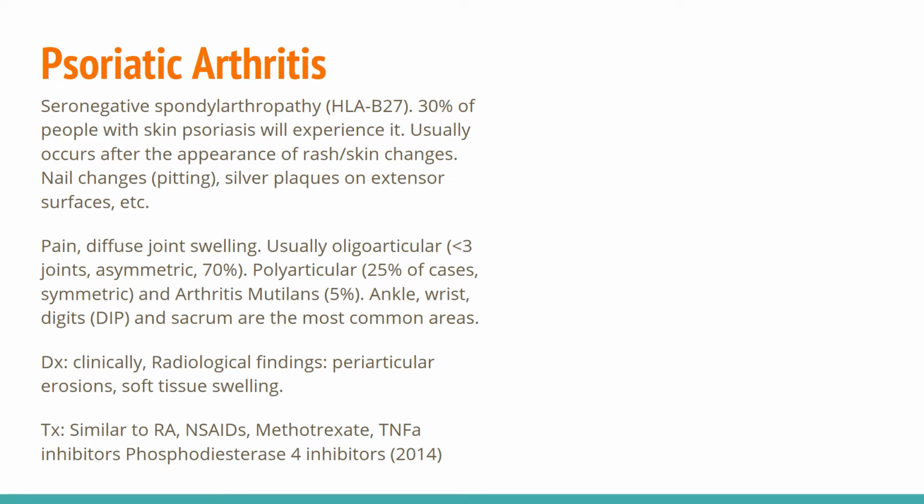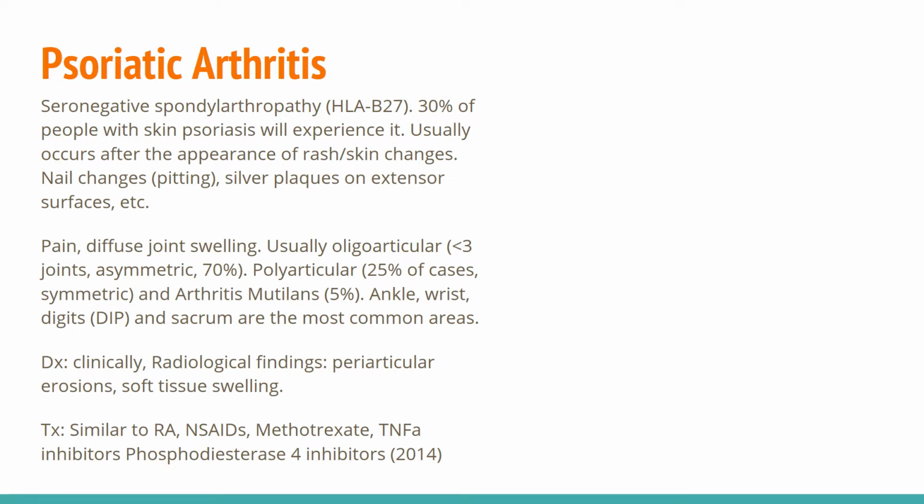We know some common signs of psoriatic skin changes, which include nail changes or pitting, silver plaques on the extensor surfaces, etc. Psoriatic arthritis presents as pain and diffuse joint swelling, usually oligoarticular, or less than 3 joints, and is asymmetric in 70% of cases.